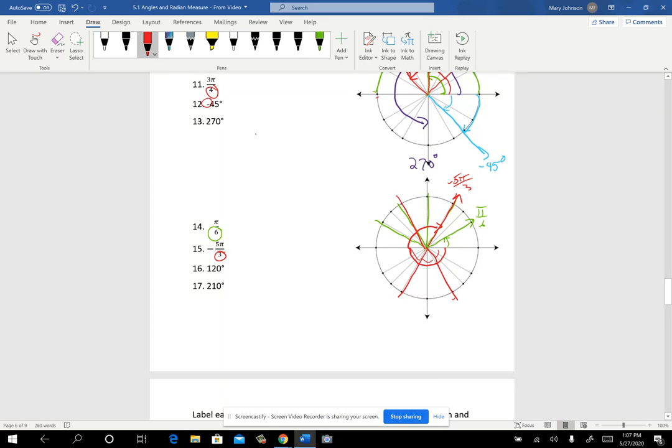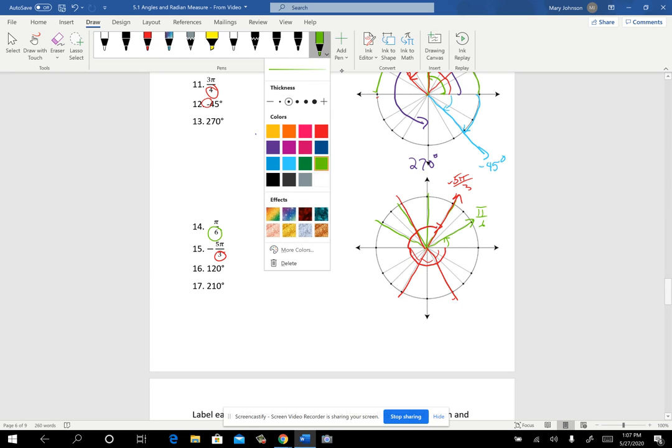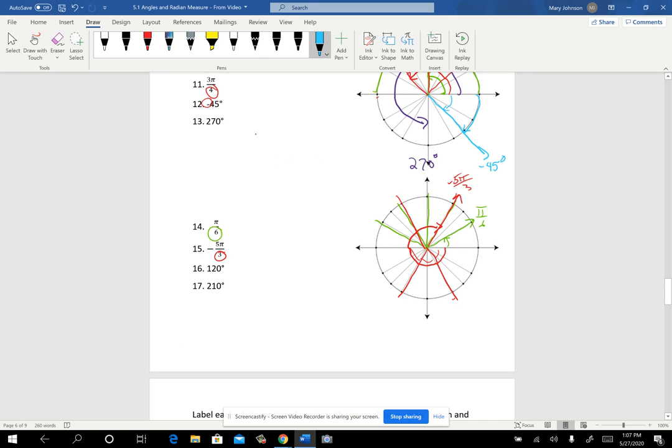All right, now let's do 120 degrees. Okay. All right, so 120 degrees, it's positive, it's less than 180, okay? And so we kind of want to think about where it would be. So it's 60 degrees less than 180. All right, so as you're coming around, this would be 90. It's 30 degrees past that, right?